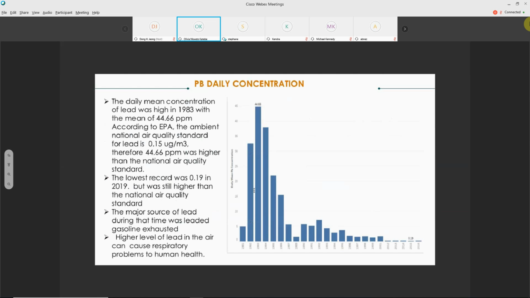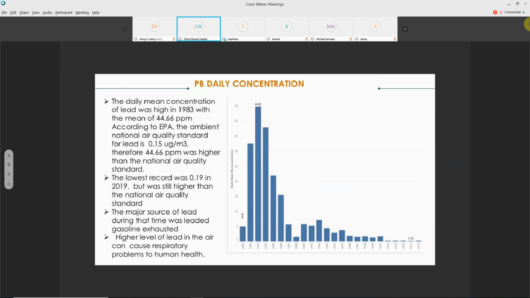And so this actually shows that during that year, there was a higher rate of lead emitted, and it did affect air quality. And when we look at 2019, the mean concentration recorded was 0.19. Even if it was lower compared to 1983, it was still higher than the national standard, but it shows that there was a little bit of progress on the air quality.